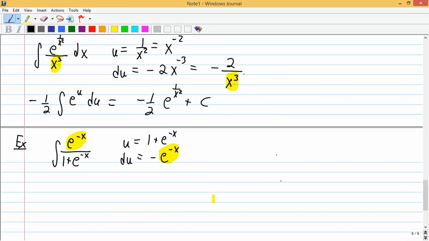I adjust for that negative by putting a negative out front. And how do I rewrite this now? This is the integral of 1 over, I just let my entire denominator be my u, so 1 over u du.